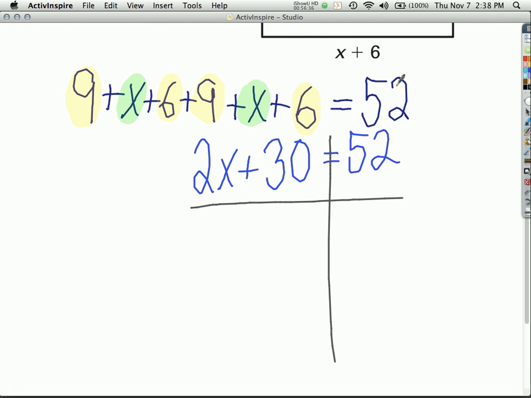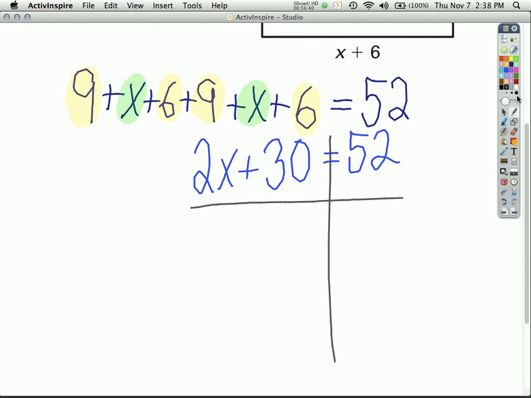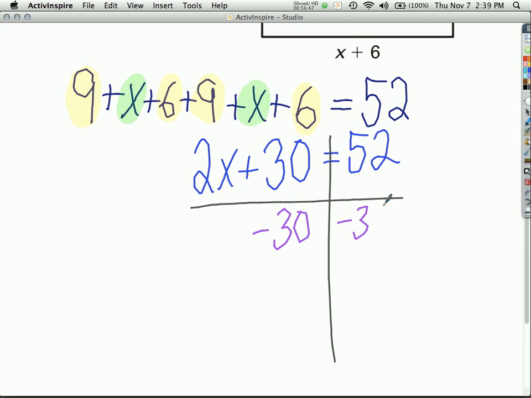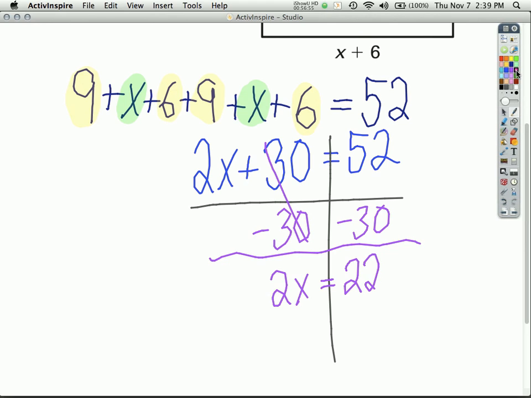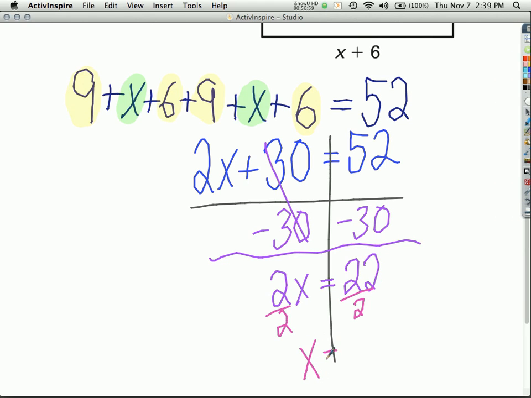So this was simplifying, now solve. At this point, it should be a 30-second process. You should know exactly what to do. You subtract 30 from both sides. You get 2x equals 22. Divide both sides by 2. And you get x equals 11.